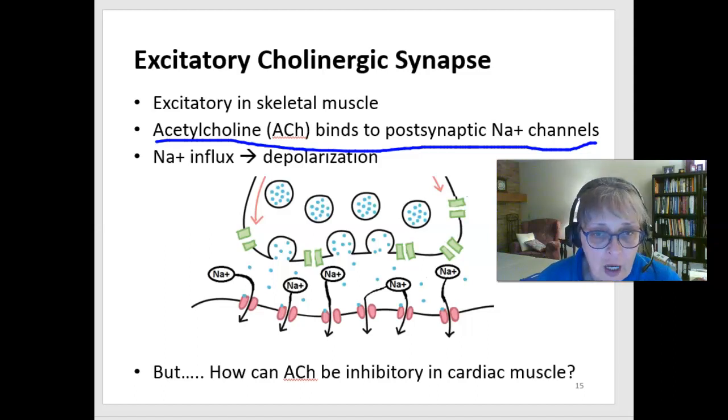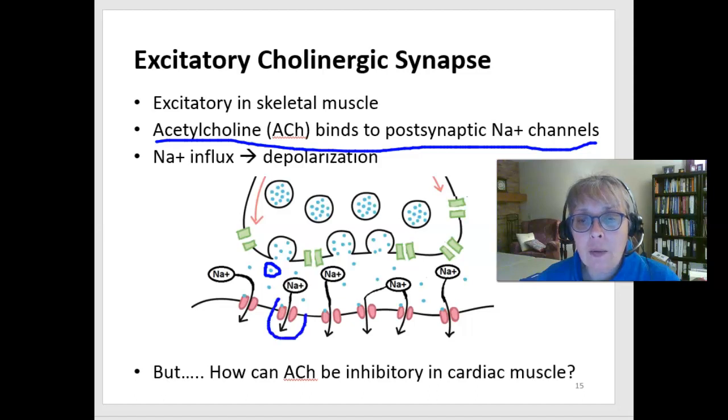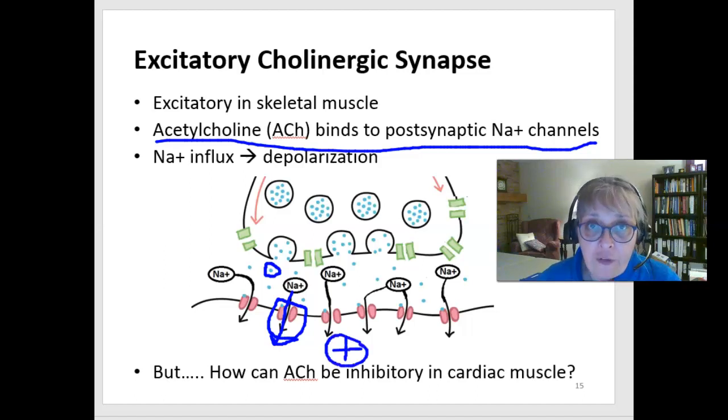So you've seen this kind of thing before. What happens is the acetylcholine diffuses across the cleft and binds to open the channel, allowing sodium to enter the postsynaptic cell. Now the postsynaptic cell is depolarized inside, and if enough sodium goes in, an action potential will happen. It has to reach threshold levels for that to happen.